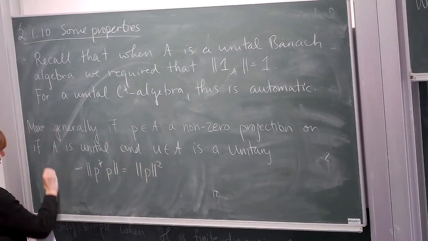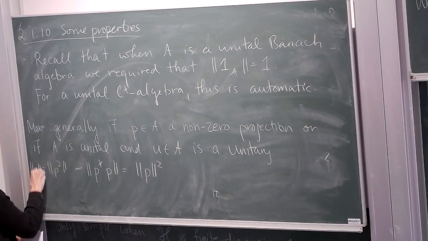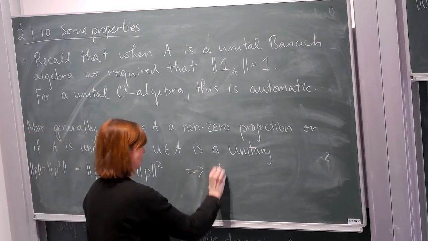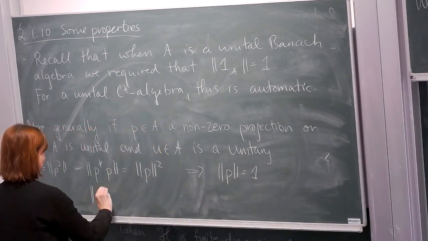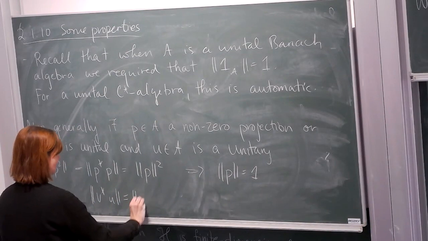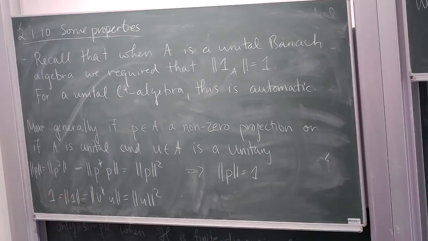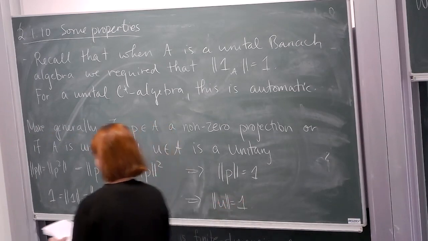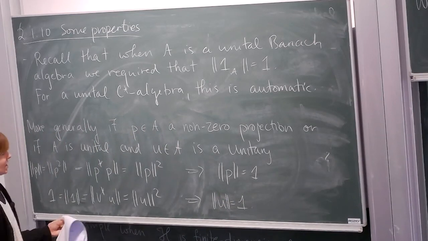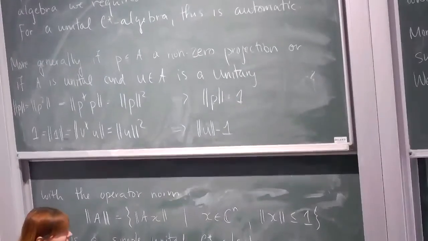This is the projection, so this is actually P squared, which is again just P. So we see that the norm of P is equal to 1. And a similar trick using the unitaries. We know that this is 1 since it's a unitary, and that has norm 1. So this gives us some nice information already about, for example, what the spectrum of a unitary can be.